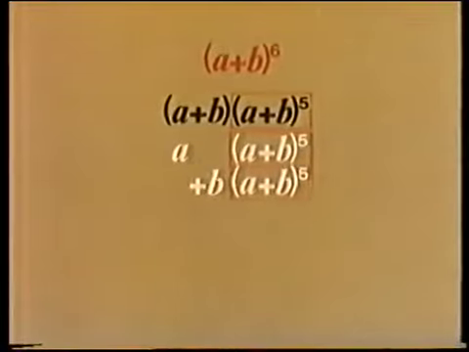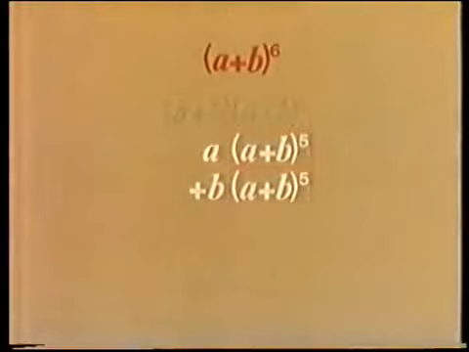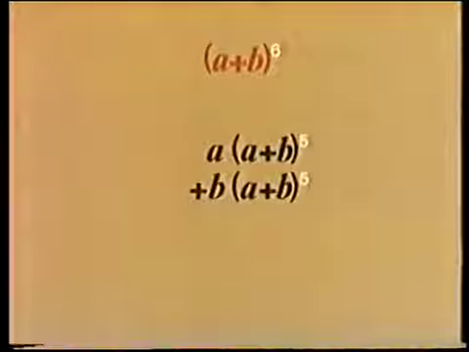We can write it as a times lump plus b times lump, and that gives us the 6th power in terms of the 5th, the 5th power in terms of the 4th, the 4th in terms of the cube, and the cube in terms of the square.